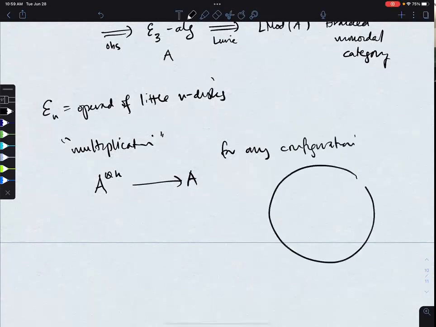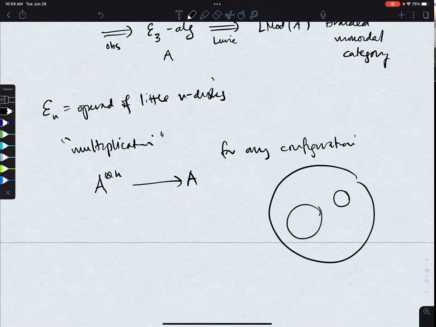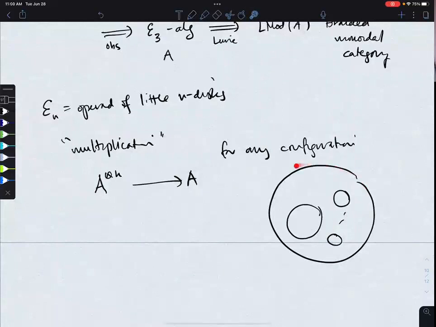What does it mean, little? I don't know why they say little. Because there's one disk, and inside that there are relatively little disks, smaller disks. So there's this big outer disk, and then there's K littler disks inside of it. And for each way of putting K little disks that are non-overlapping in a big disk, you have a multiplication.